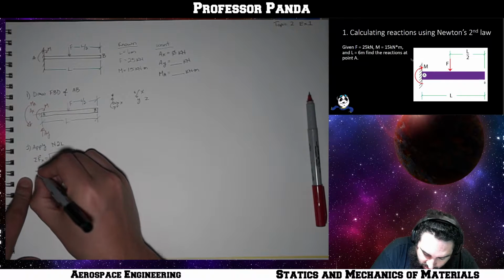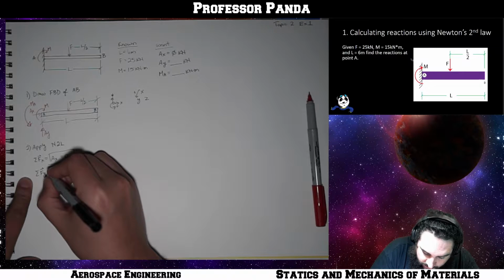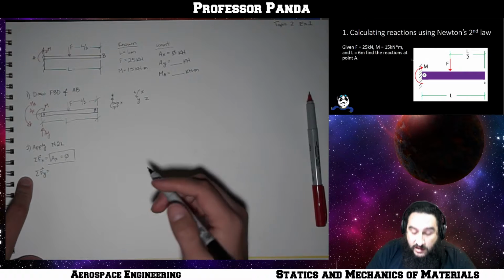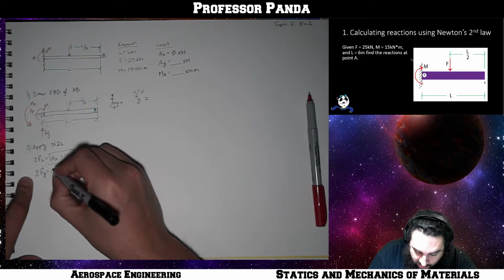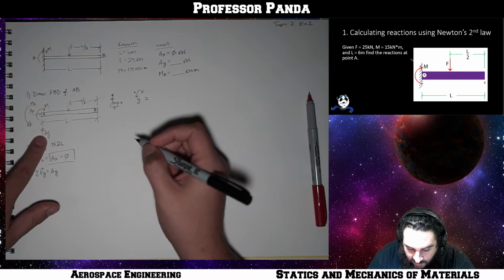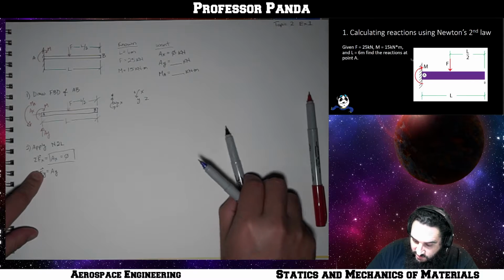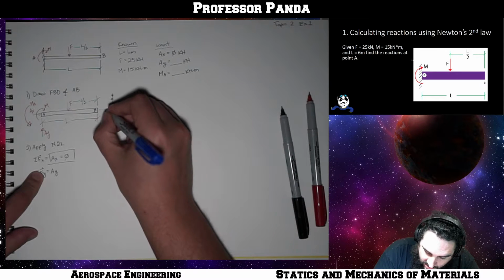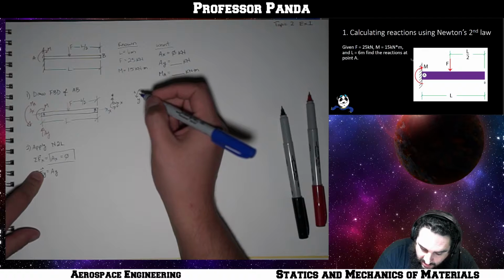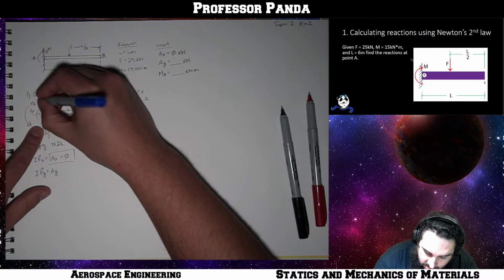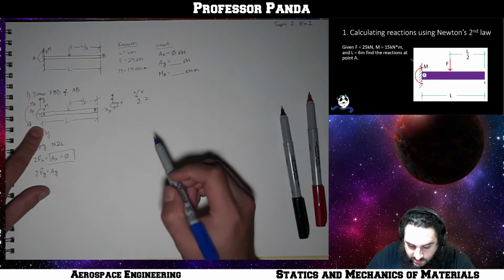And so now let's go on to the forces in the Y direction. Now we're going to have AY participating. That's in the positive Y direction. Let's make this clear to my reader that we're going to be using this as the X axis and this as my Y axis.